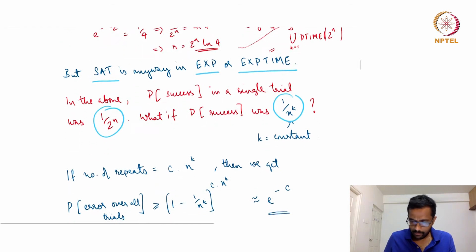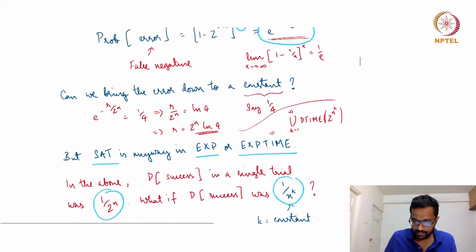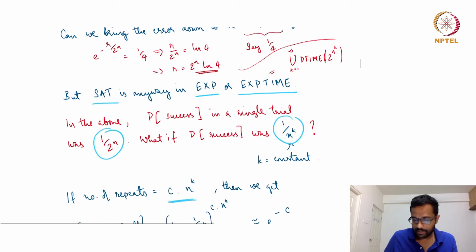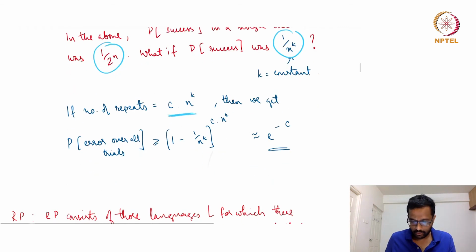In this case, we could have repeated polynomially many times, or if the number of repeats was c times n power k, using the same limit of 1 minus 1 by x and so on, we get that the probability of error becomes e power minus c, a constant, when the number of repeats is c times n power k, where c is some constant.